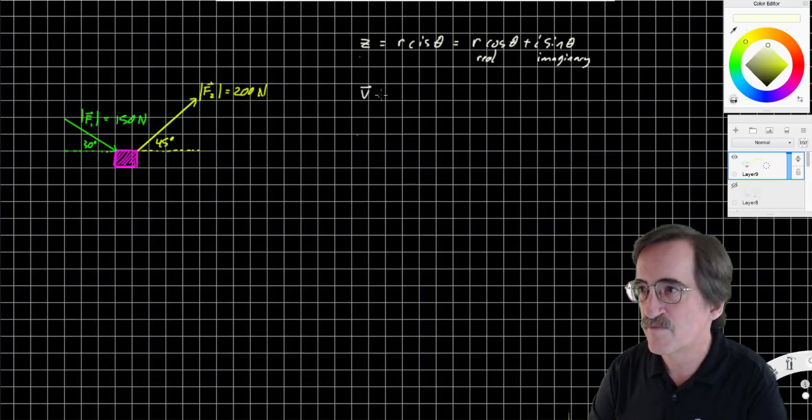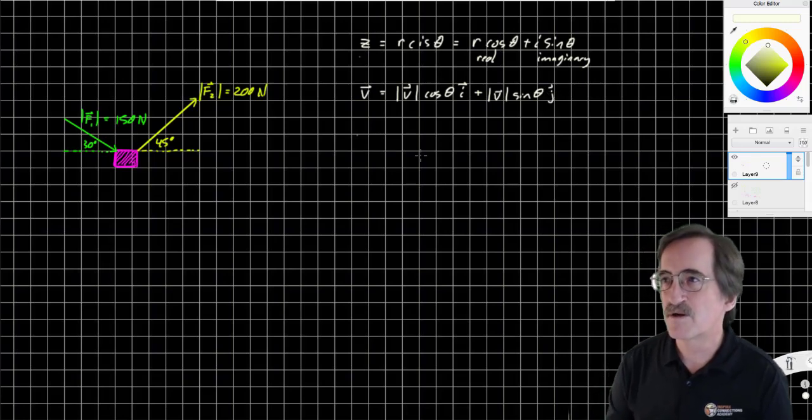Now a vector can be represented as the magnitude of the vector times the cosine of the angle times the unit vector i, plus the magnitude of the vector again times the sine of the angle times the vector j.